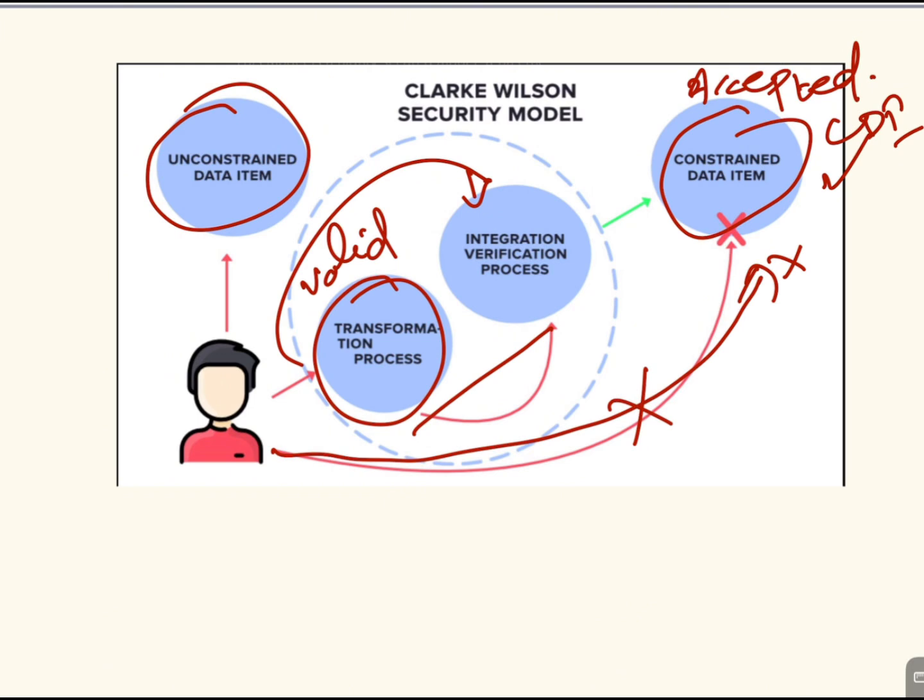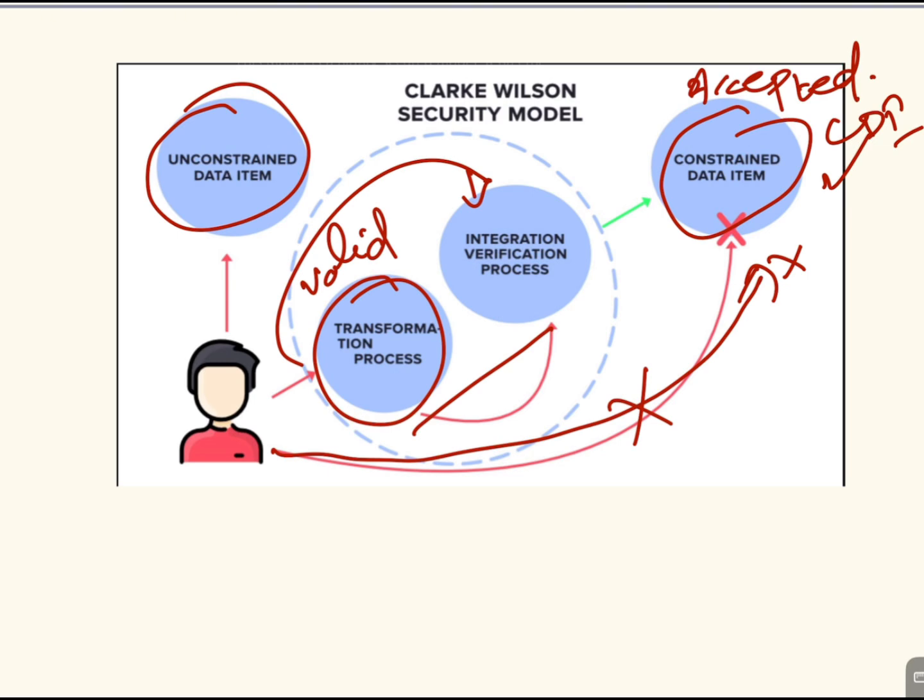Now, the difference, as I said earlier, between the BIBA model and the Clark-Wilson model. BIBA and Clark-Wilson are both integrity models, but they have different approaches, right? The BIBA model mainly prevents data corruption by restricting how data flows between integrity levels.